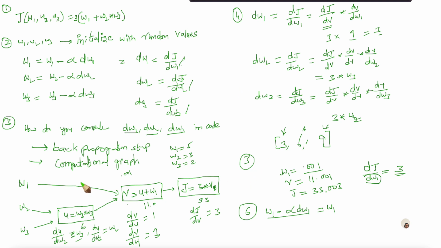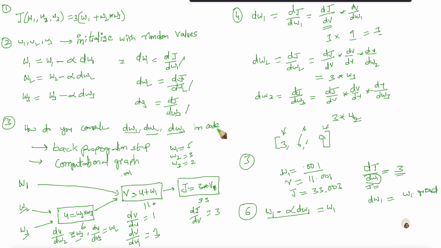So automatically when you say j.backward, it computes w1.grad, w2.grad and w3.grad. Remember that dw1 is w1.grad in PyTorch, dw2 is w2.grad, and dw3 is w3.grad, and j is our cost function.